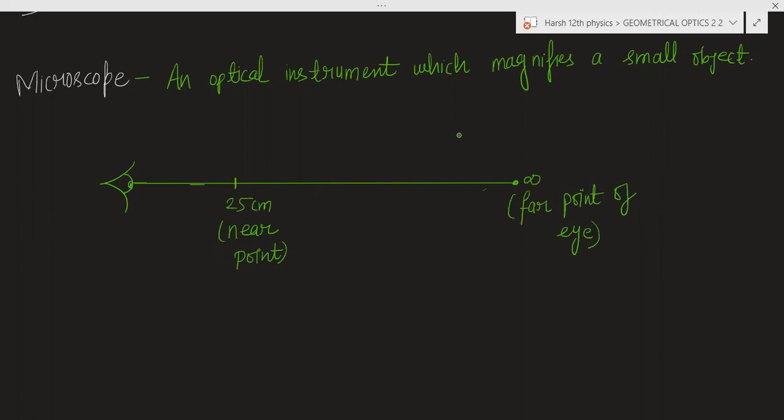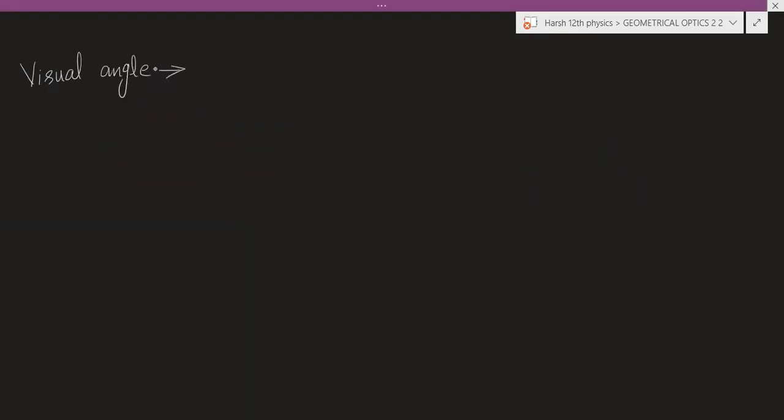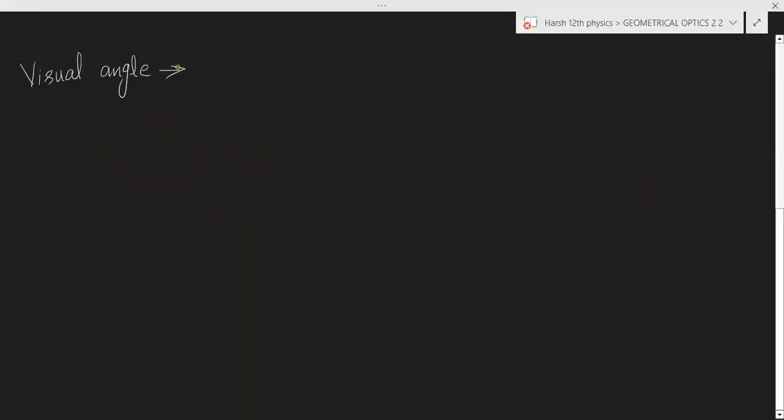Now, in the study of optical instruments like microscope and telescope, we should know what is visual angle. So basically, the visual angle is the angle formed by the object or the image at the eye.